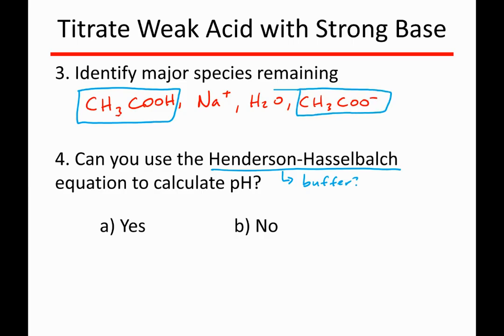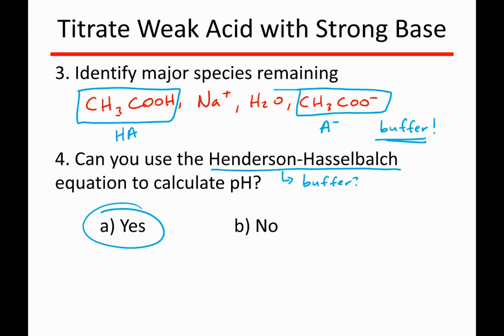So although we did not initially have the conjugate base present as a major species, we now do. We have both HA and A minus as major species, and so yes, this is a buffer. And so, yes, we can use the Henderson-Hasselbalch equation to find the pH.